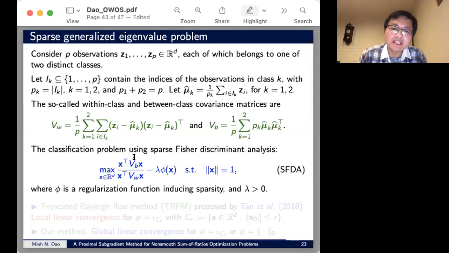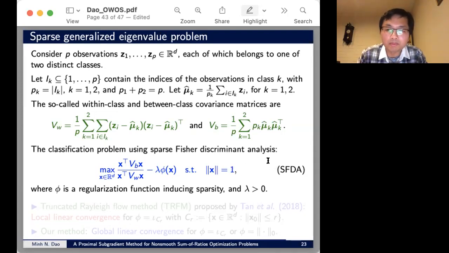Now the classification problem using Fisher discriminant analysis can be formulated like this. So it's exactly the generalized eigenvalue problem that we mentioned before, right?